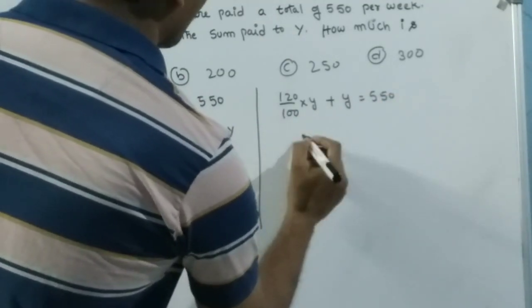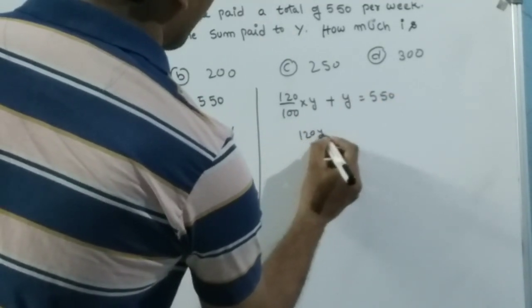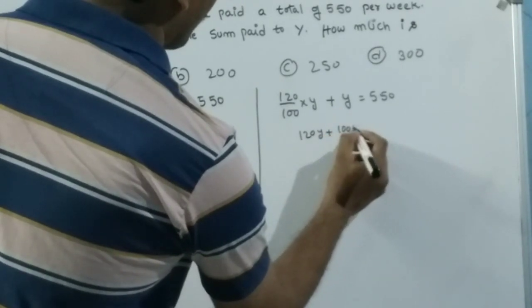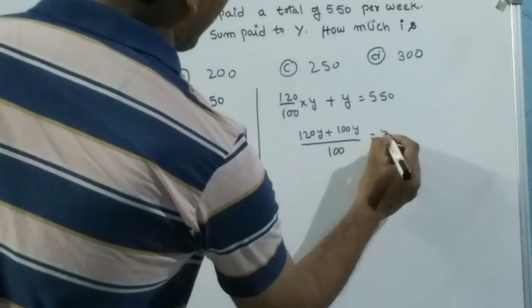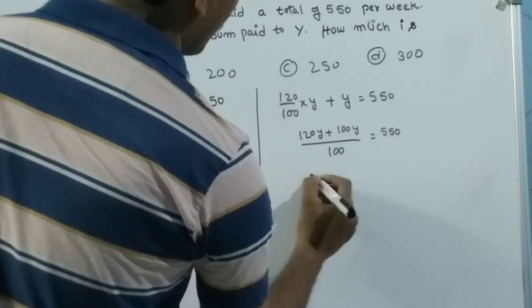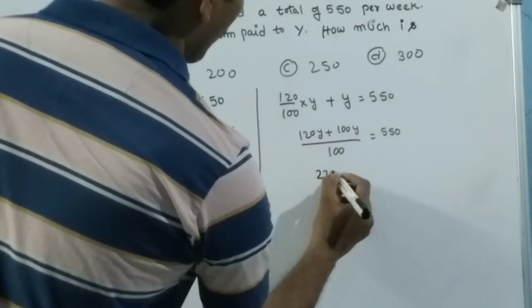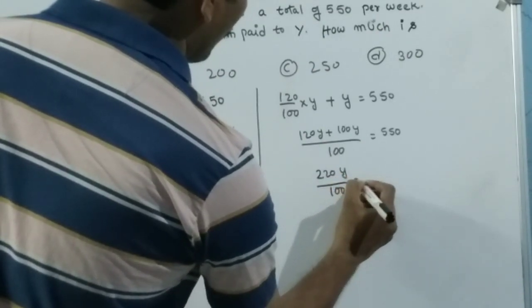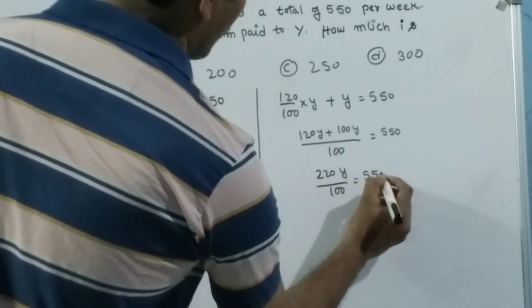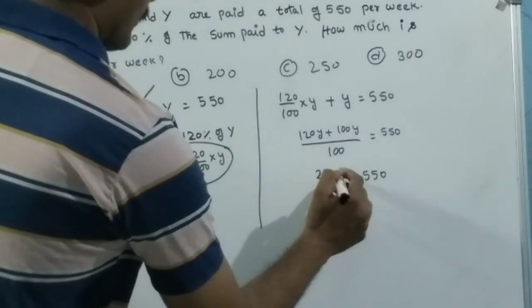Then we will do this one: 120Y plus 100Y by 100 equal to 550. This is 220Y by 100 equal to 550.